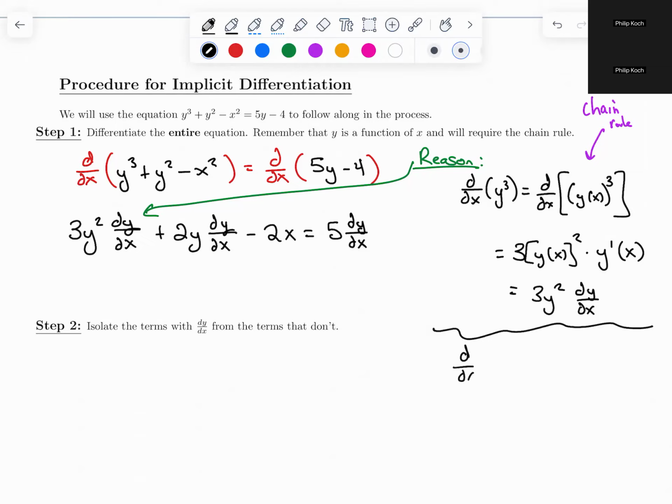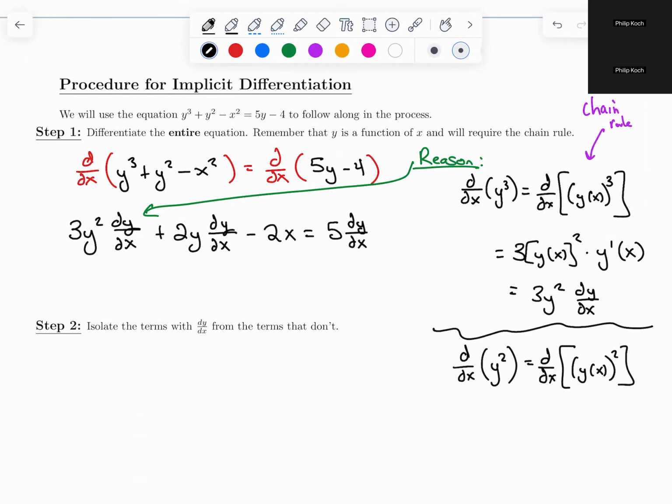So d dx of y squared, well, y is being implied implicitly. It's implicitly defined as a function of x. So instead of y squared, this is d dx of the quantity y of x squared. Y is a function of x.